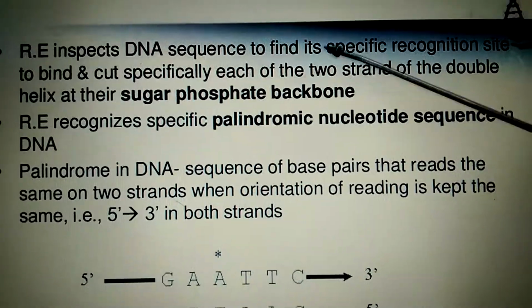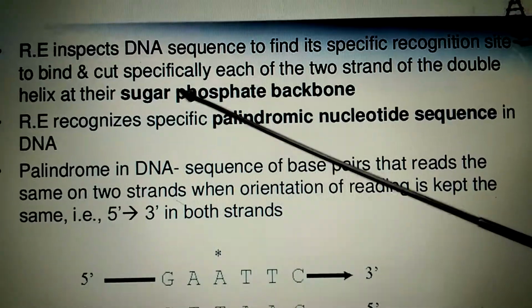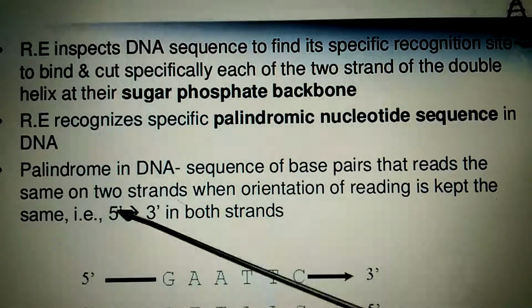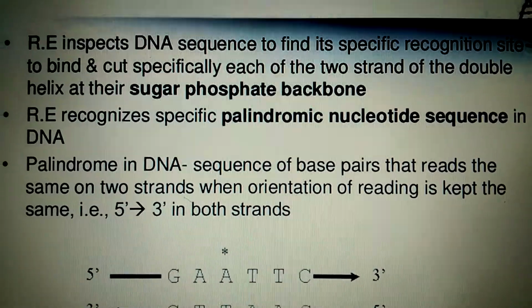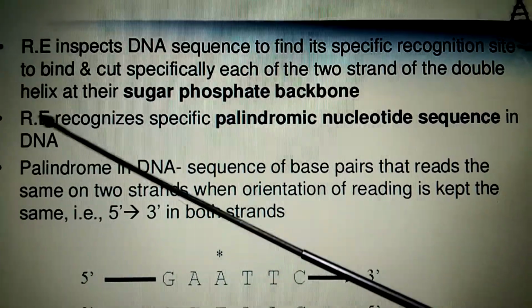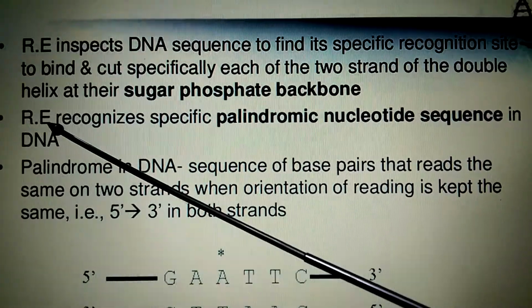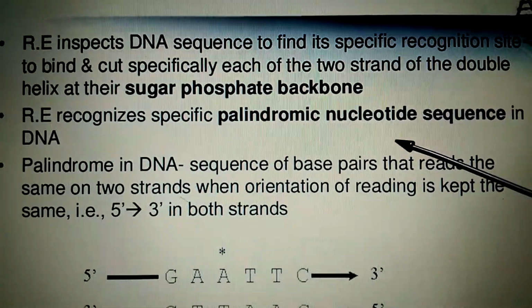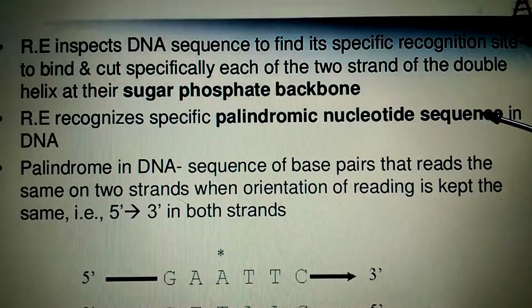So where the sugar phosphate backbone is present, they make a cut, and the two strands are then fragmented accordingly. The sequences which the restriction enzyme recognizes are called palindromic nucleotide sequences.